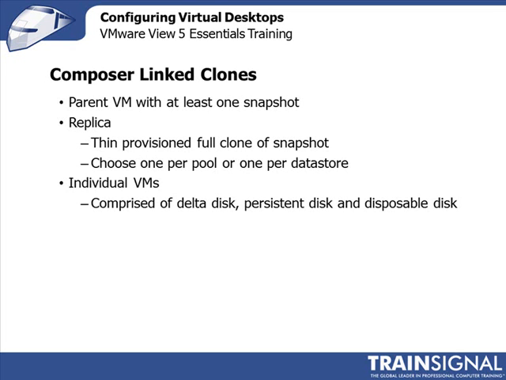Then the individual VMs. So these are the linked clones. They're comprised of a delta disk, potentially a persistent disk, and potentially a disposable disk. So the delta disk is required. And what that is essentially is the unique factors that make that virtual machine or linked clone different from the replica. So these would be things like the virtual machine name, its IP address, SIDs, all those types of factors.